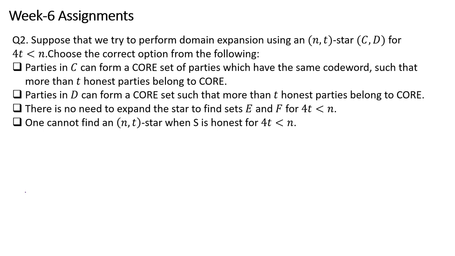But here we are trying to consider a scenario where n is greater than 4t. Now what happens? The option says parties in C can form a core set of parties which have the same code word such that more than t honest parties belong to core.